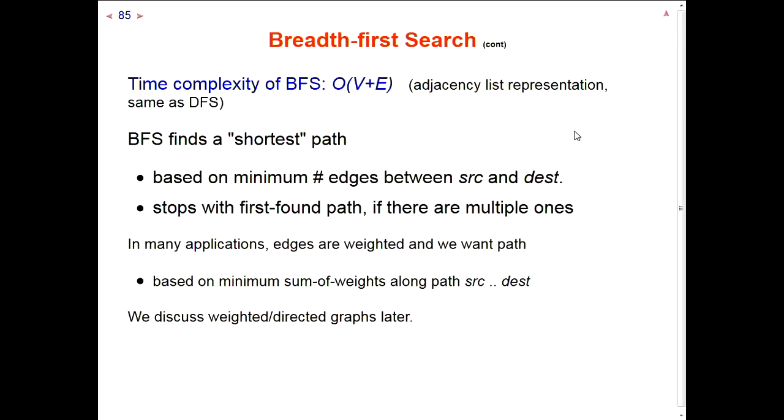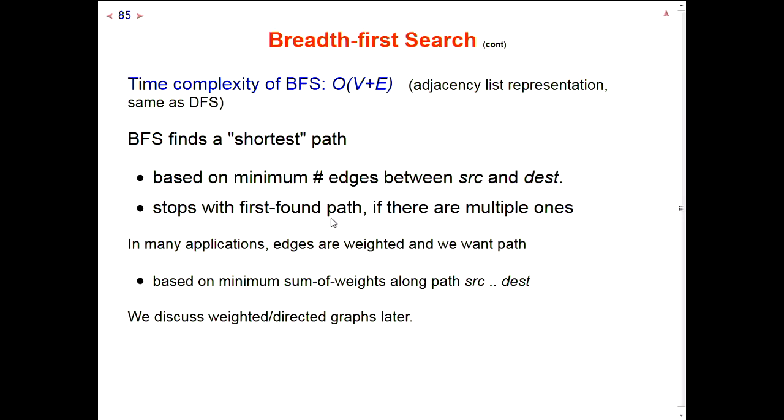Time complexity is, if you use an adjacency list representation, exactly the same as depth first search. The advantage of breadth first search is that it finds the shortest path, if we define shortest as the smallest or the fewest number of edges between source and destination.